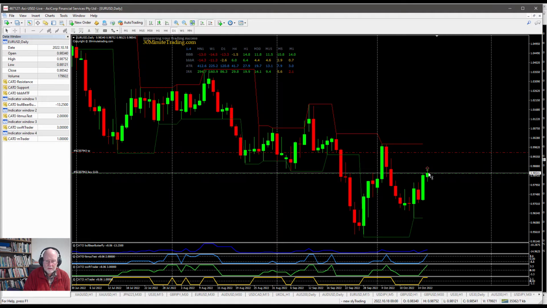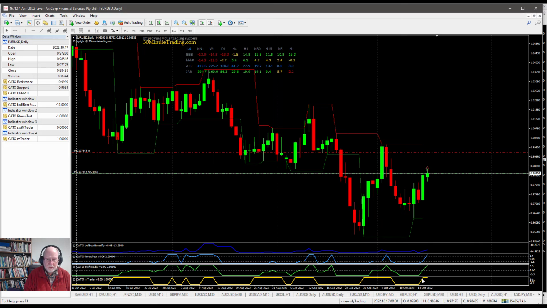At the moment, if I hover over the final candle, you can see in the data window it's minus 13 on the bull bear butterfly, 2 on the litmus, 3 on the Swift trader, and 1 on the M trader. But the bar before, you can see it's minus 14, minus 1, 0, and 1.